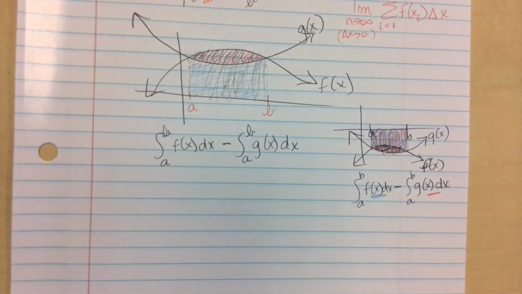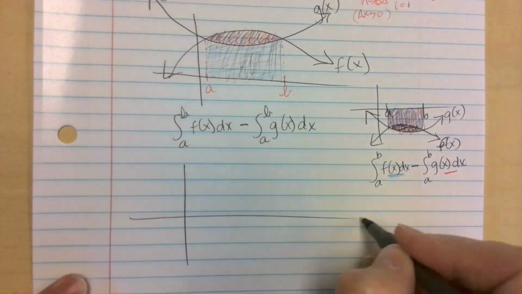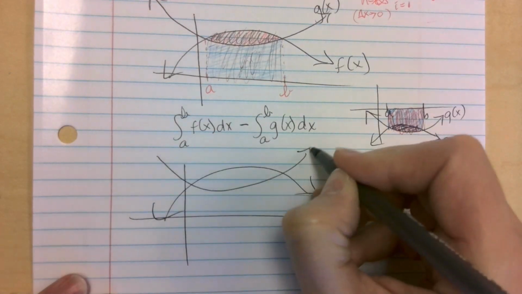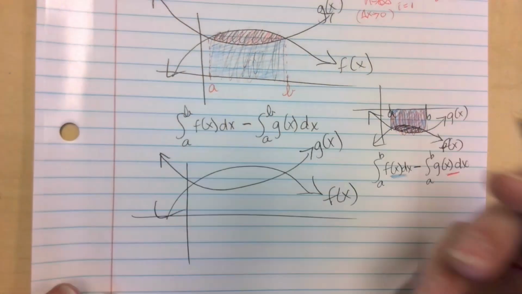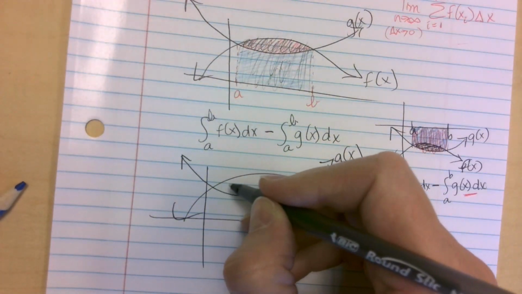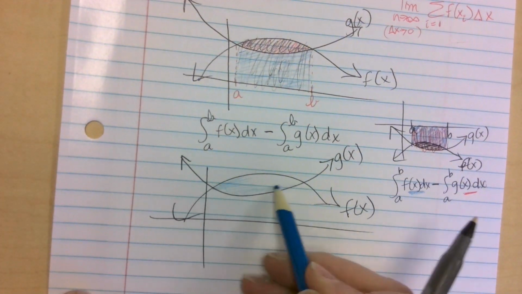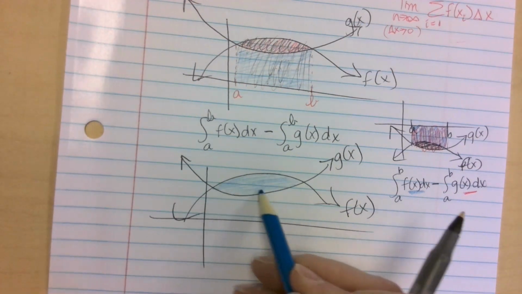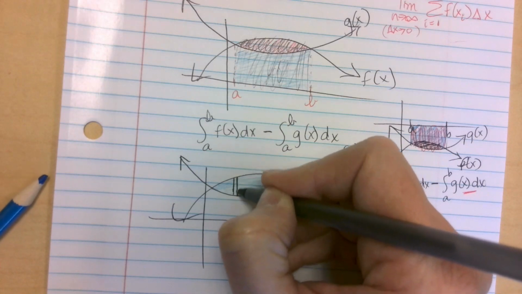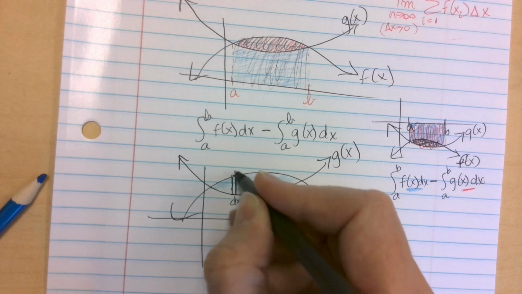But I will show you the better way to think of it if we have this random f of x function and g of x function. The way that we can and possibly should think of it, since we are trying to find the area between the two curves, we could actually just think of those little Riemann rectangles, and the width of it is a dx, right?